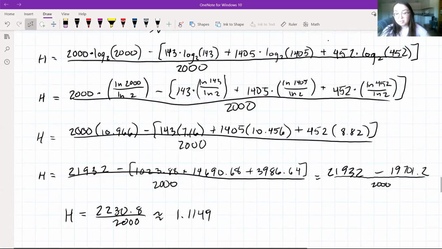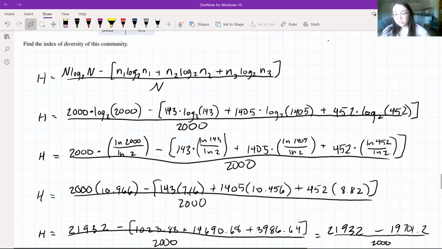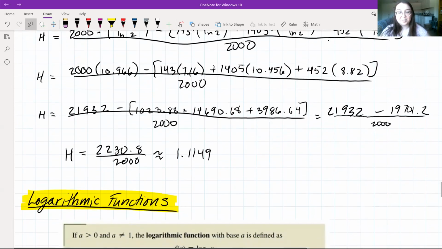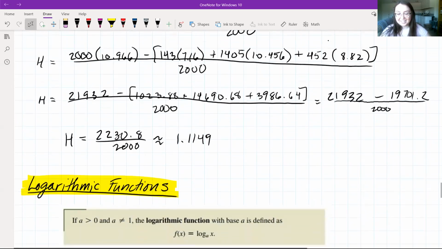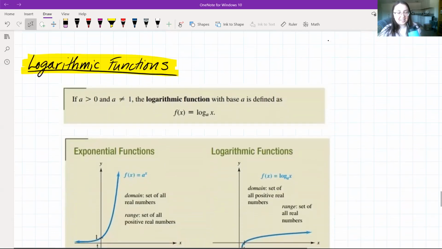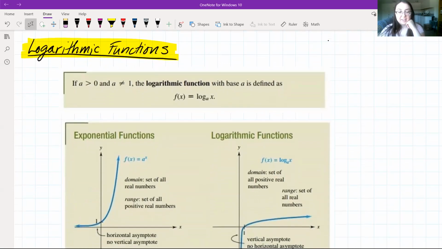So there were a lot of parts to that, but we used a good amount of our theorems and our properties, and there was a lot of calculating. Wasn't that fun? All right, that was such a mouthful. So now moving on, we have our logarithmic functions.